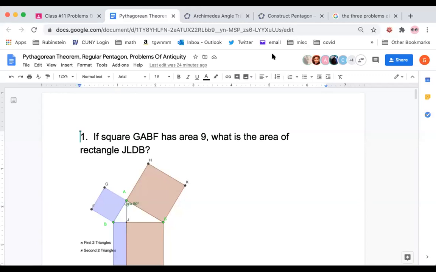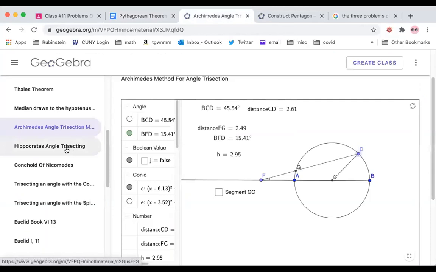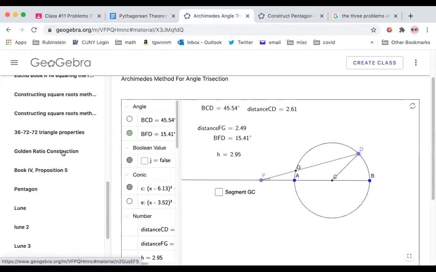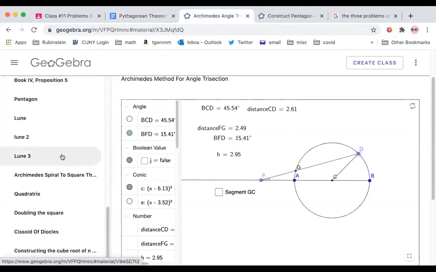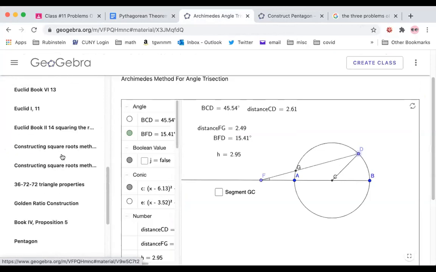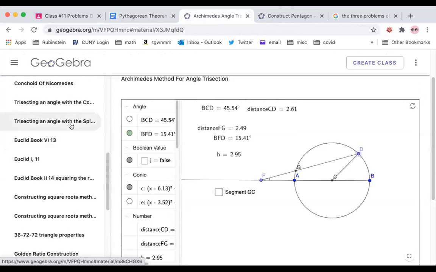But let me go back to the GeoGebra page. Where's my Archimedes spiral? There's one, but that's not the one I want. Trisecting an angle with a spiral.